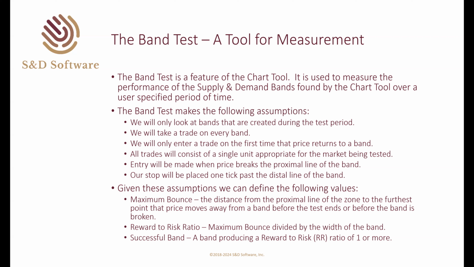If there's a prior existing band from before the test started, and we're looking at a pattern during the band test, and that pattern is a retest of the historical band, the one from before the band test started, well, if it's a retest, a new band is not going to be created there.